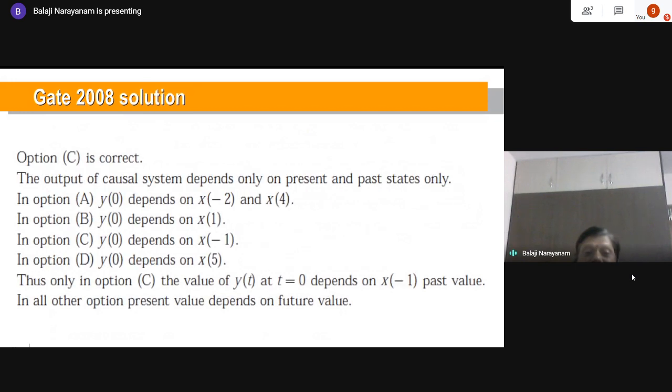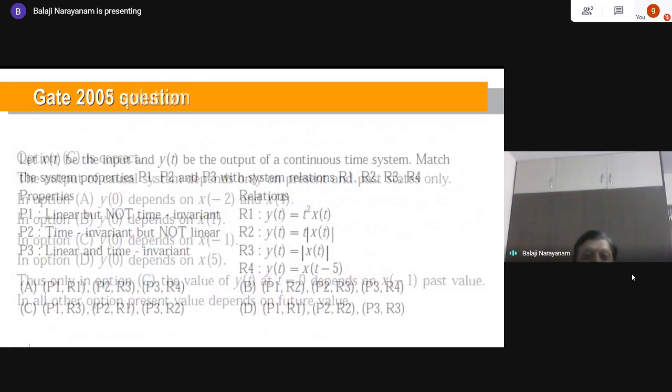So it is a clear case of dependency on the future input values in A, B, D, whereas in C, there is no dependence of the output on the future input values. Thus, only in option C, the value of y of t at t equal to 0 depends on past values. In all other system equations, the output value depends on the future value.